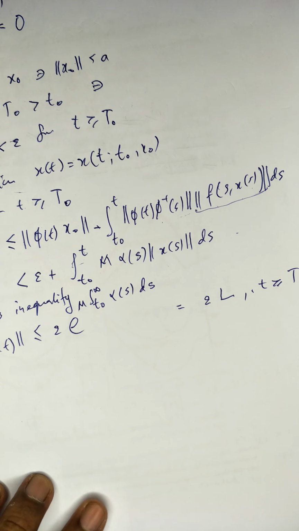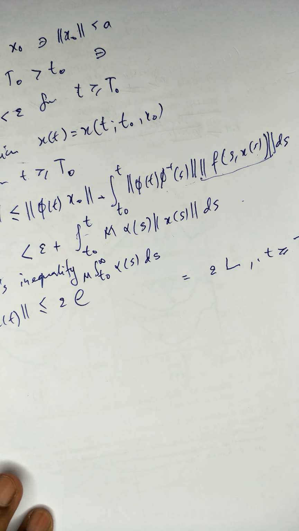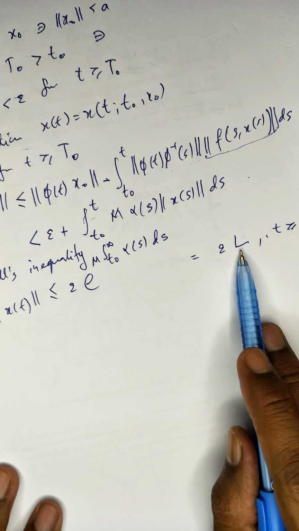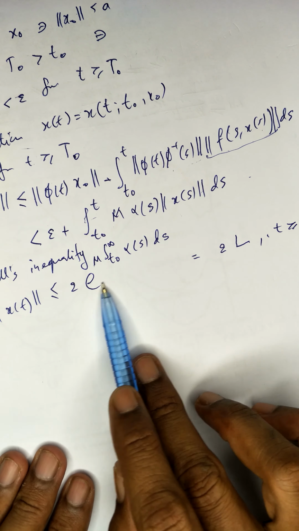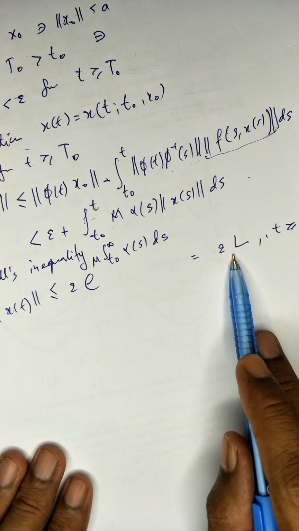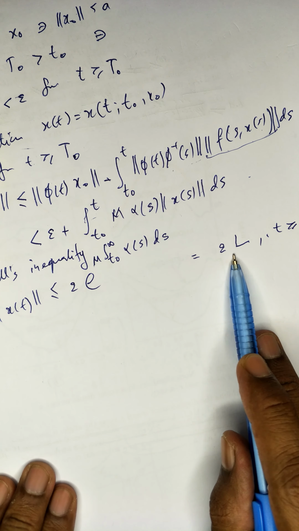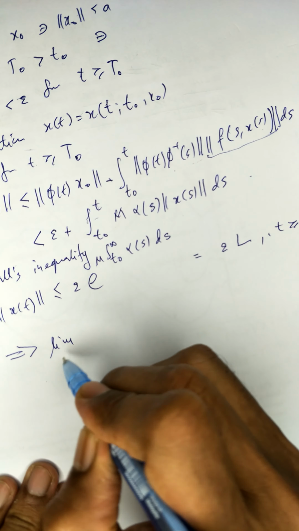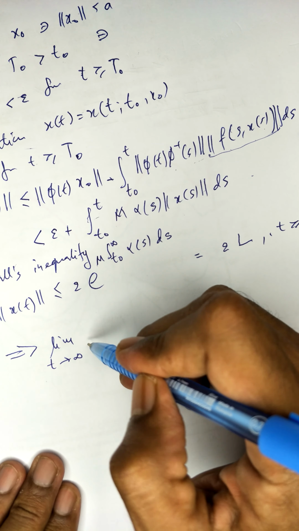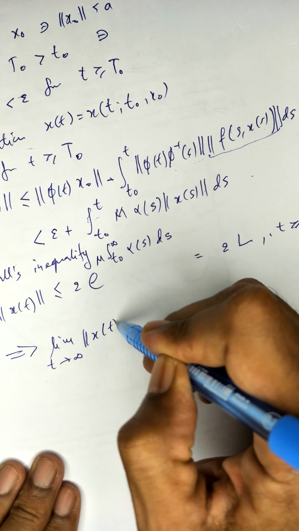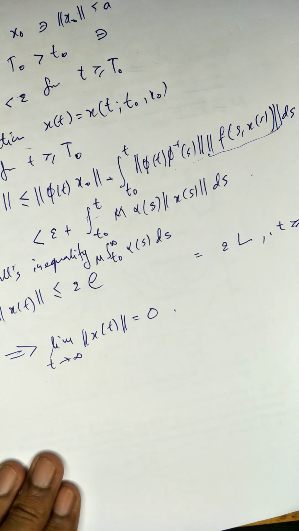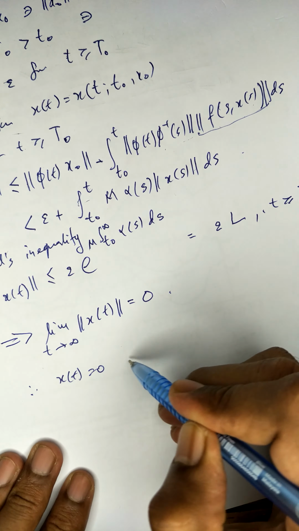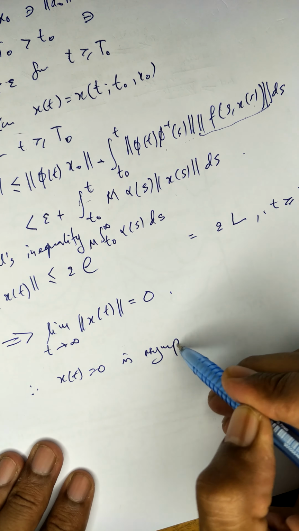And since epsilon is arbitrary, and L in this case does not depend on epsilon, because that one is bounded, it's free of epsilon. So we can conclude that as the limit t goes to infinity, x(t) equals 0. So therefore the solution x(t) = 0 is asymptotically stable.